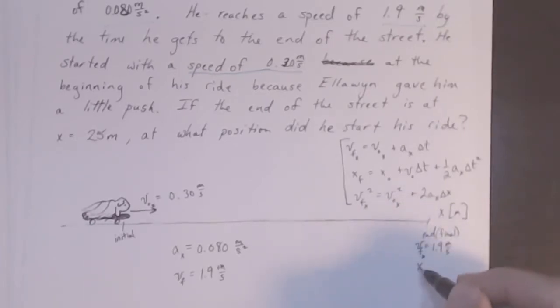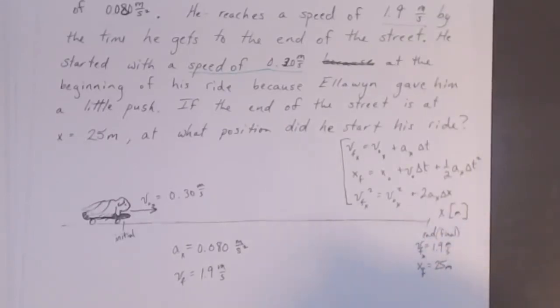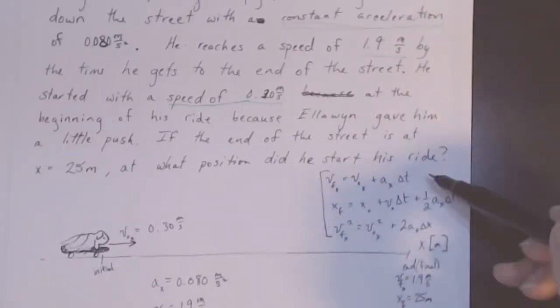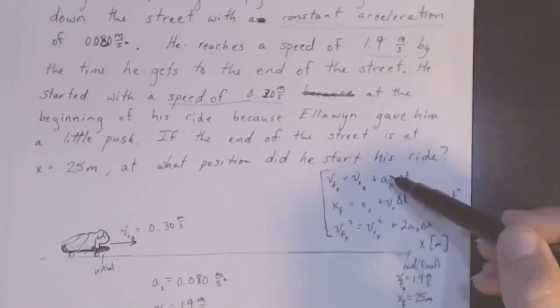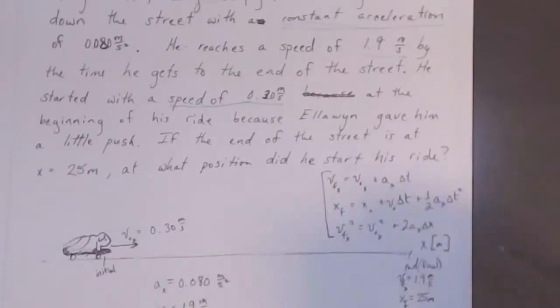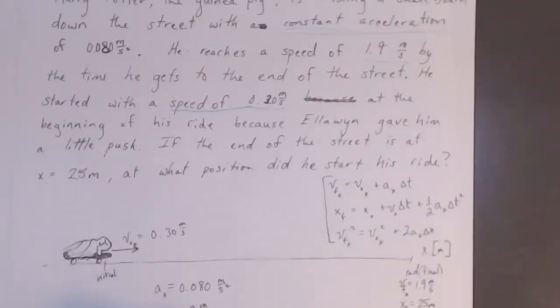So that's going to be my X final, because that's my final position there, 25 meters. As I'm looking up here, I can see there are variables we don't know. X final equals 25 meters.